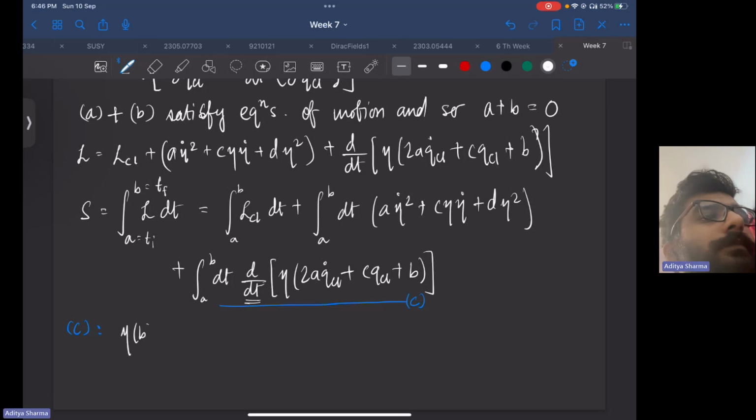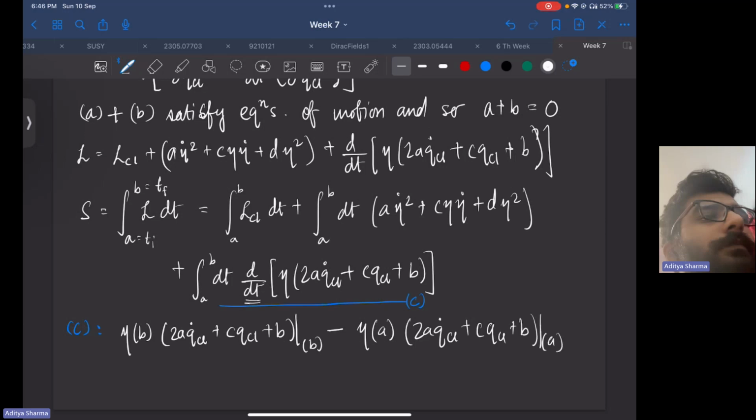So we have the boundary terms evaluated at B minus at A. Now η of A and η of B is 0, so the whole term is 0.